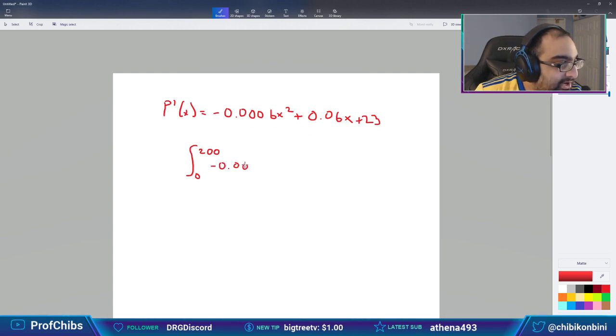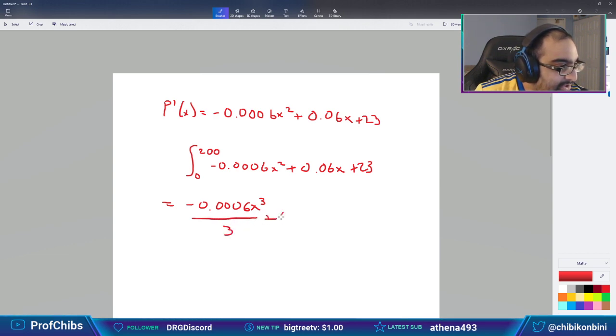Now, if we do this out here properly, this isn't too hard. I mean, we're just using the power rule here repetitively. So we're doing the integral of this. So doing this out here, we're going to net negative 0.0006 x to the third over 3 plus 0.06 x squared over 2 plus 23x.